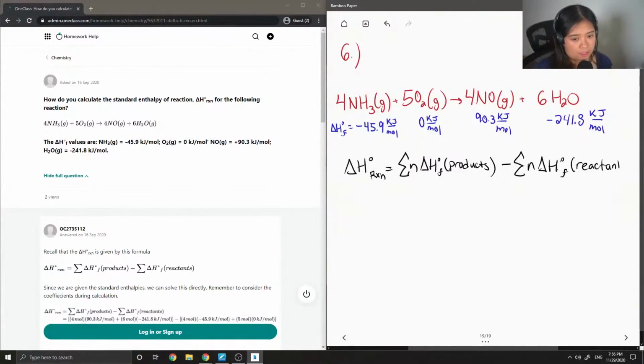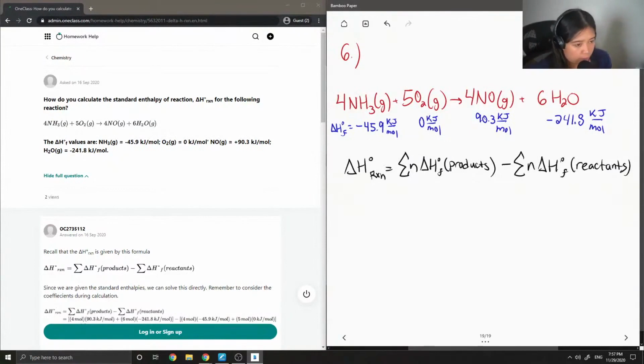So notice that I put N in front of all the delta H values. So this shows us that the number of moles actually has an impact on what our final answer will be.